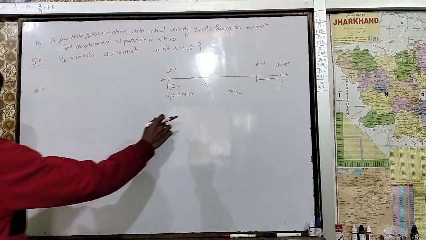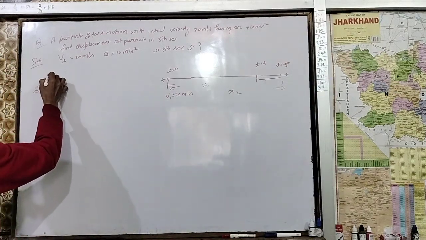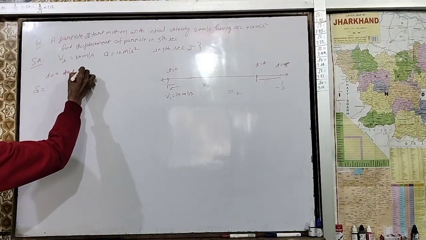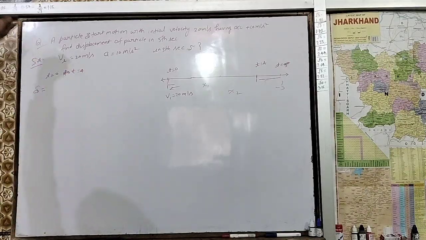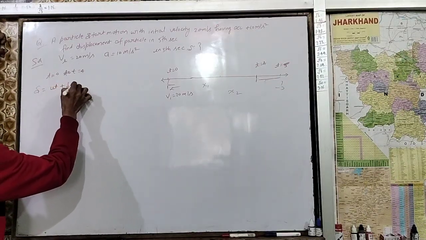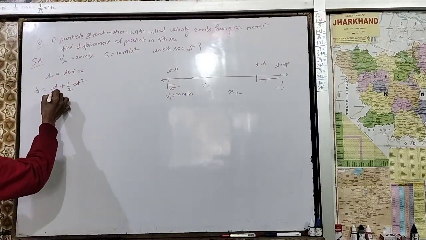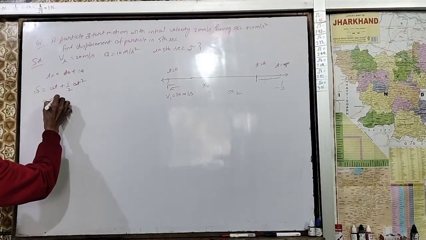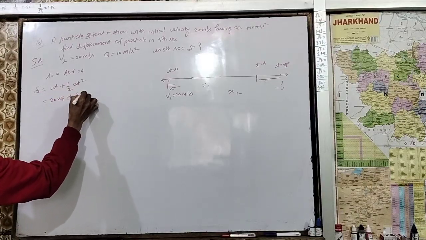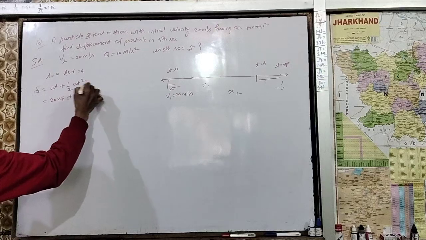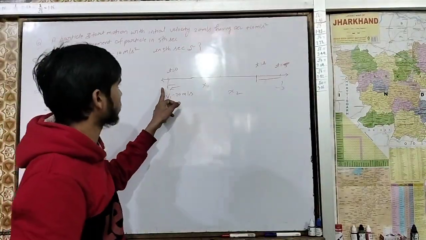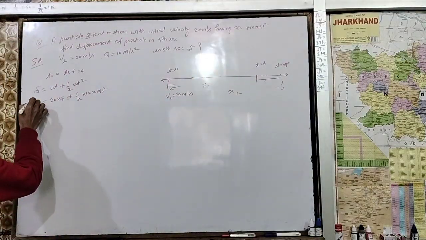So s from 0 to 4. s is ut plus half at squared. U is the initial velocity, given as 20, multiplied by t, which is 4 seconds, plus 1 by 2, a is 10, multiplied by t, again 4 raised to power 2. From this we will get the displacement from here to till here, which is x1.